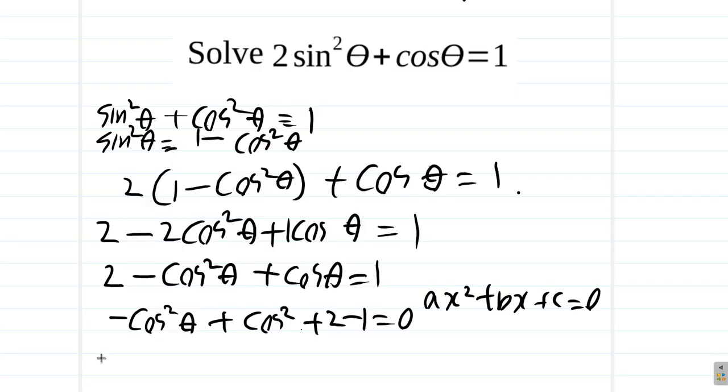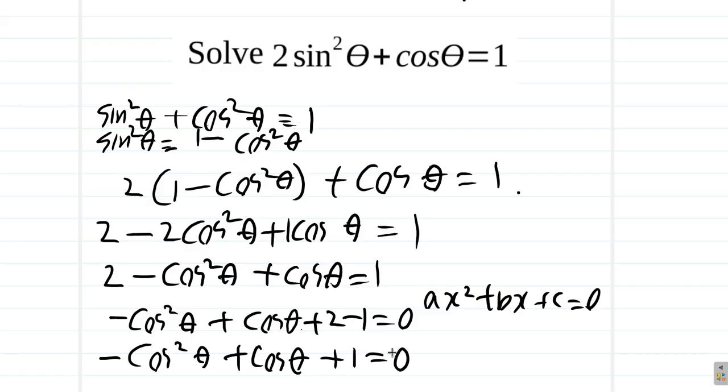Negative 2 cos squared theta plus cos theta, 2 minus 1 is 1, plus 1 equals 0. Okay, good. I left off the 2, the 2 remains there.